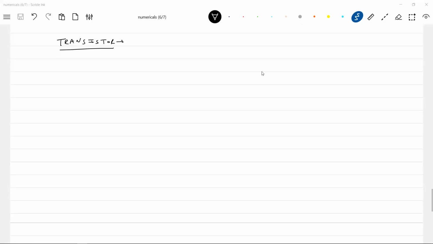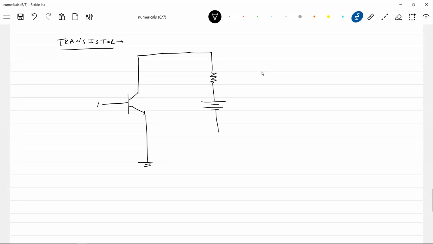CE configuration. Okay, now there's a transistor. To measure this base current, I'll bring a microammeter.